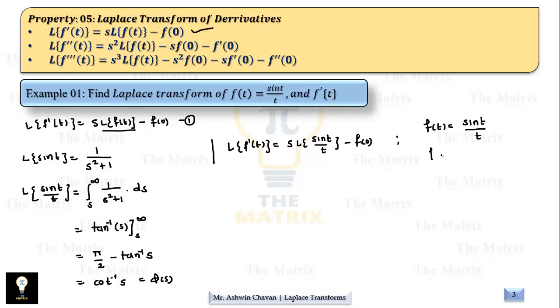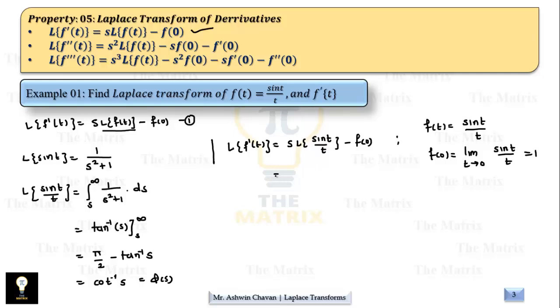So what will be f at 0? F at 0 is nothing but, it seems that it is sin 0 upon 0 and that will be an indeterminate form, but we know there is a standard formula that the limit as t tends to 0 of sin t upon t is nothing but 1. That's why the f of 0 value is 1.